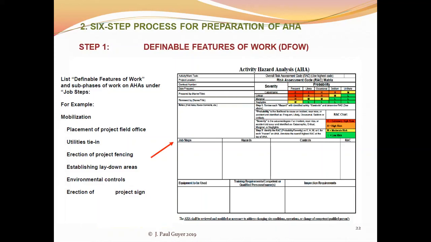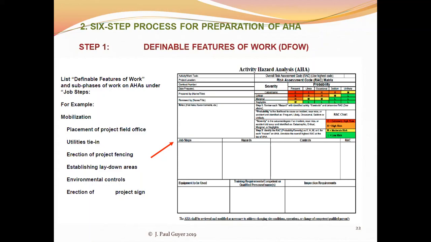And then for each definable feature of work, there is a task. Now, it could be that a definable feature of work can be considered to be an activity or work task that you would fill in at the upper left-hand corner there.